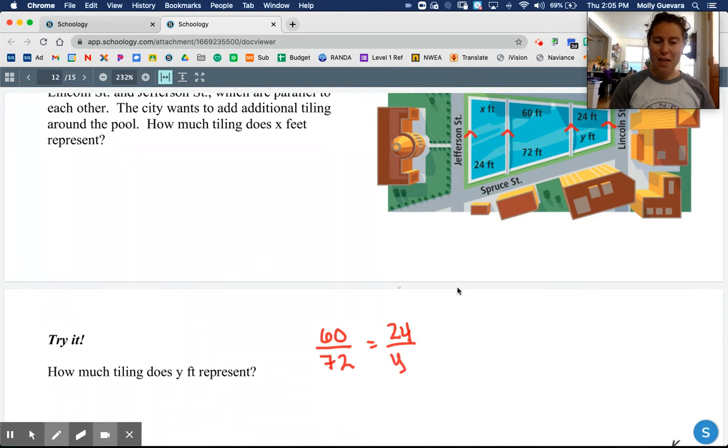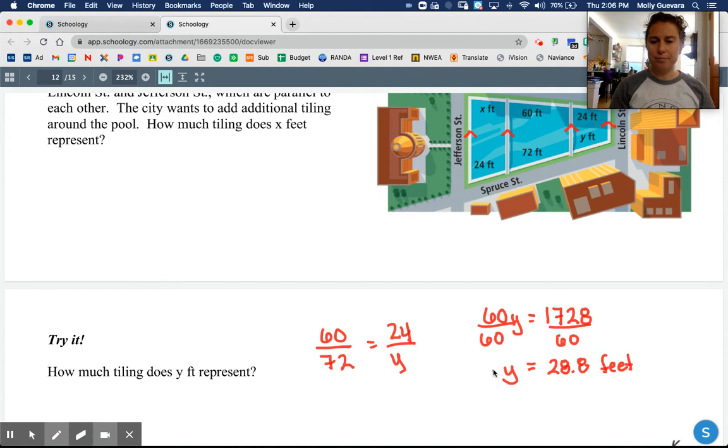It's y. And we cross multiply. So 60y equals 24 times 72, which is 1728. Divide by 60, divide by 60, and I get y represents 28.8 feet of tile.